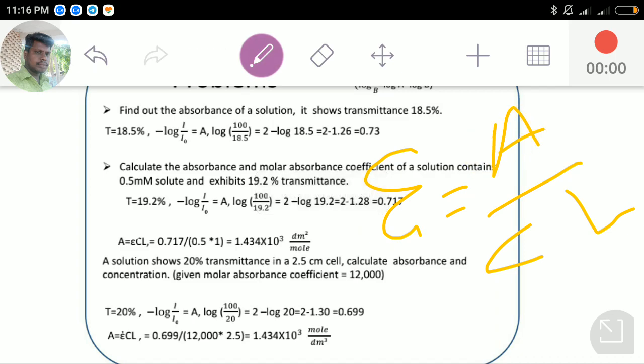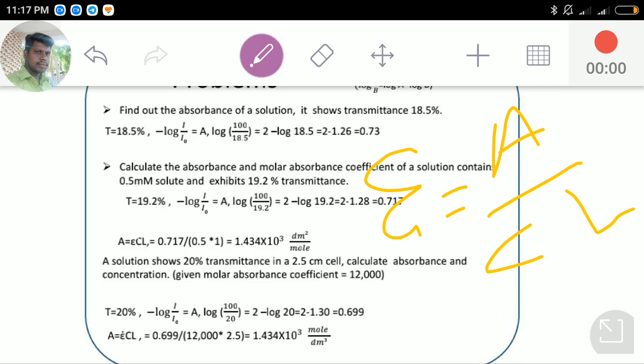So A we identified as 0.717, and the concentration is given here, so we can substitute it, and the length we have to assume is 1. Usually in all spectroscopy we are working with 1 centimeter. After substitution and doing simple mathematics, we will find 1.434 into 10 to the power 3 decimeter cube per mole.